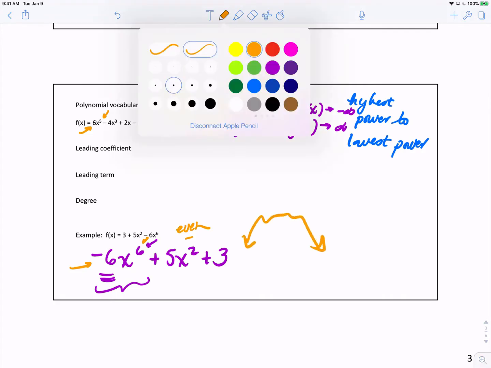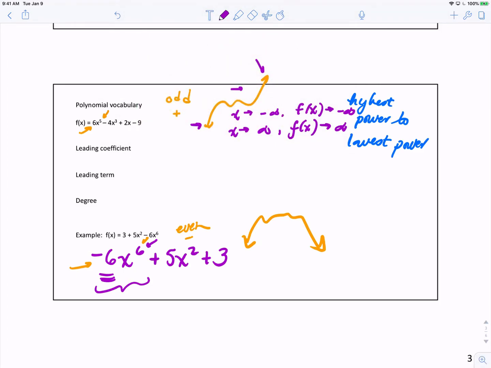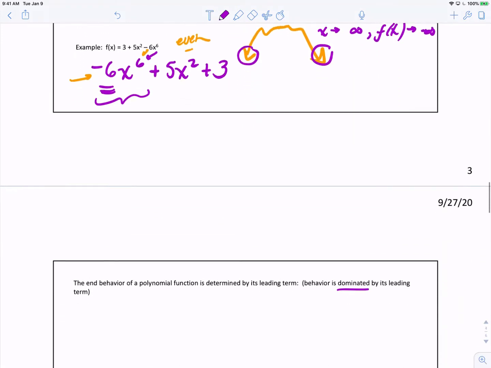If we wanted to describe the end behavior in arrow notation, as x approaches negative infinity, the function values are getting smaller and smaller. They're going down. And as x approaches positive infinity, the function values are also getting smaller and smaller. The function values are approaching negative infinity.